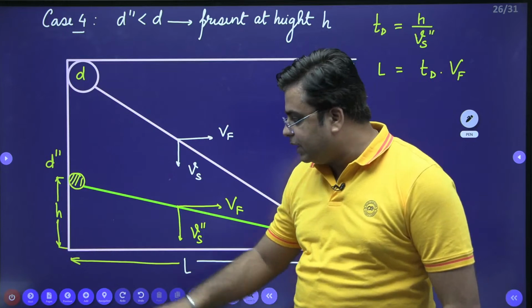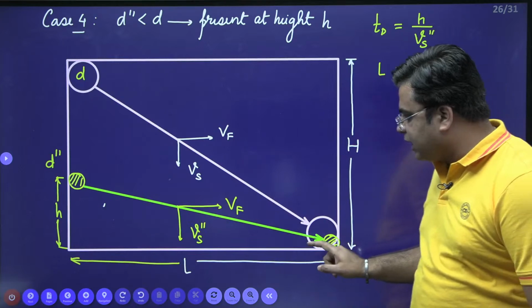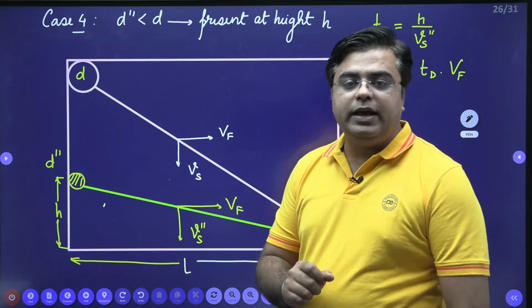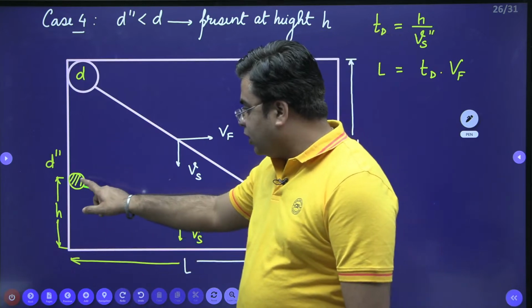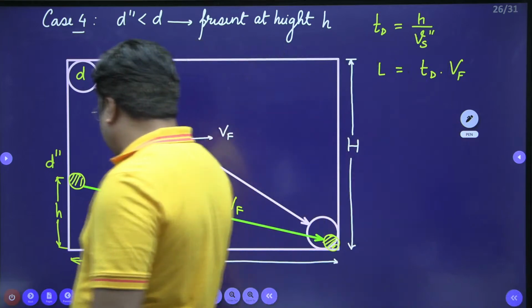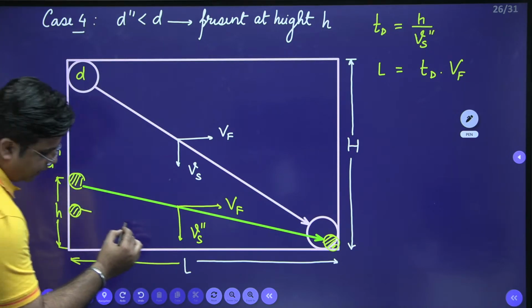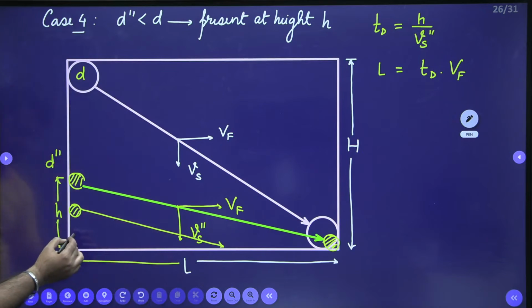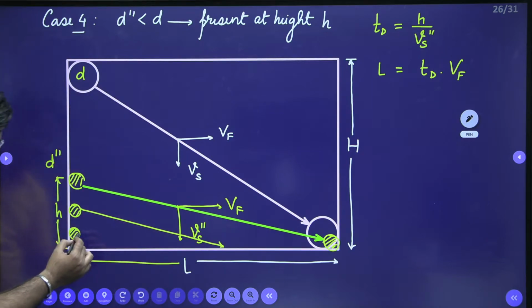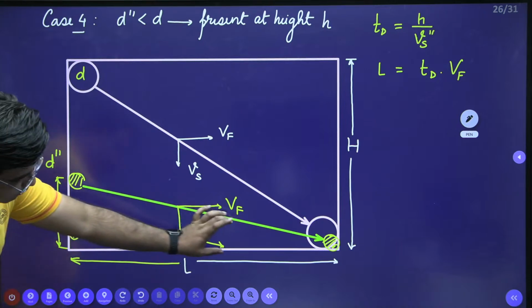Since these smaller size of particle which are present at this height small h are reaching the bottom of the settling zone in the available time Td, that's why we say these smaller size of particle are partially removed. The smaller size of particle present at this height small h will be removed. If it is present at some other height below this, it will again be removed like this. If it is present at some height even less than this, it will always be removed. So whatever smaller size of particle which are present in this zone, they are completely removed.